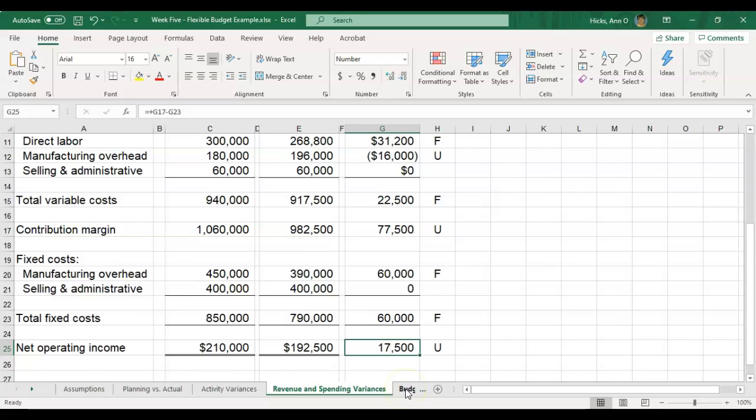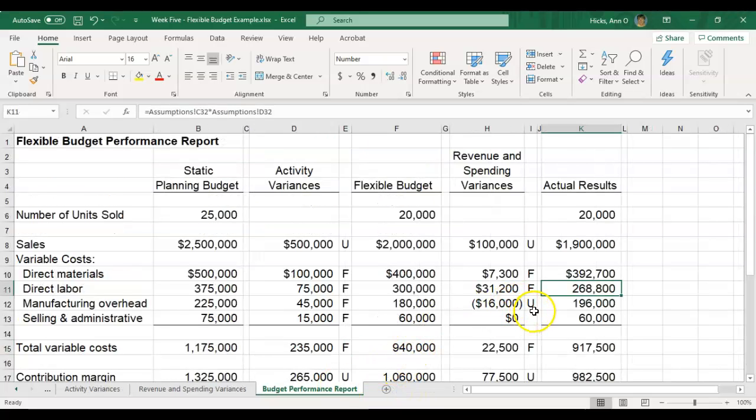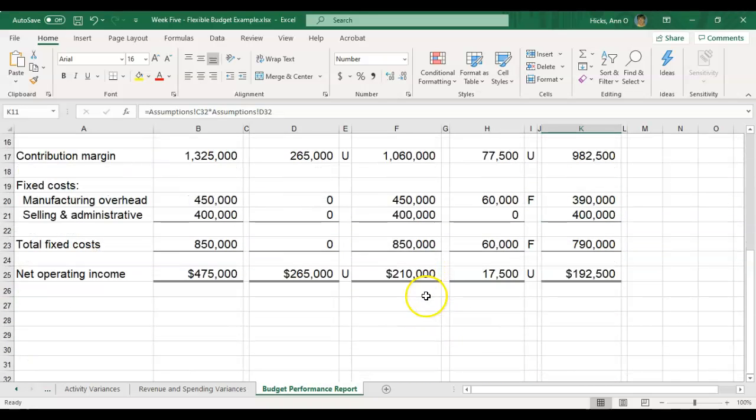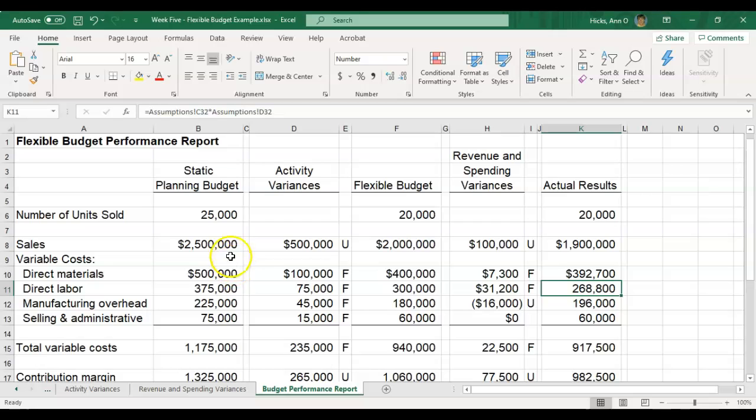Now, on this last worksheet, all I have done, this is what's called a flexible budget performance report, and I've effectively just combined the two previous worksheets into one, so that in one report you see, here's your static planning budget, your flexible budget, your actual results.